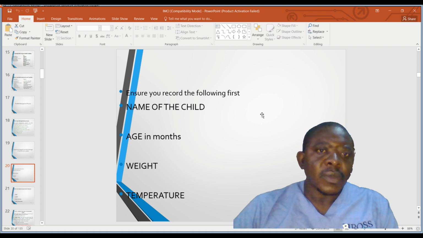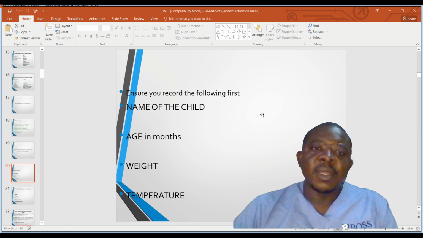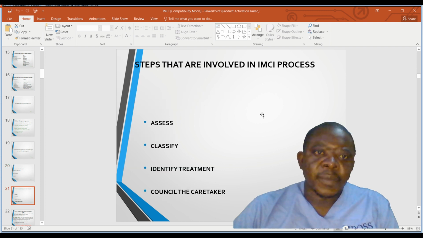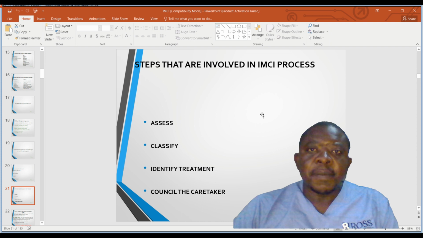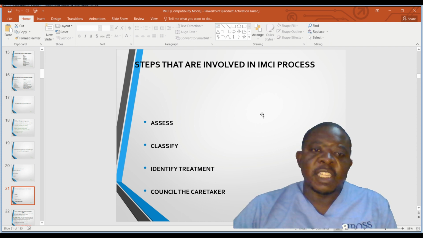Ensure you first record the following: the name of the child, age in months, weight, and temperature. The steps in the IMCI process, as discussed, are simplified as assess, classify, identify treatment, then counseling.